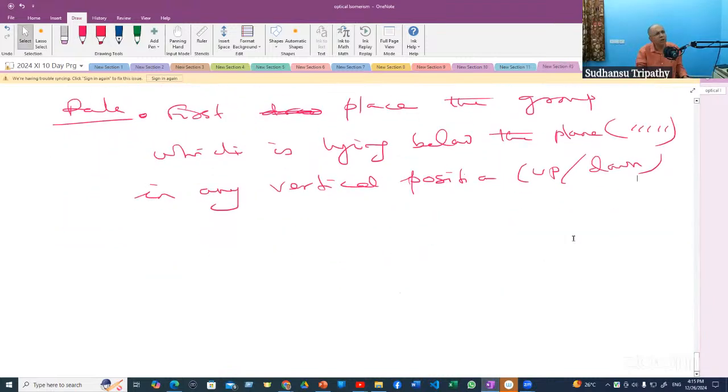You can select any one you like. First, you attack the one in the 1s formula which is lying below the plane, represented by broken line.